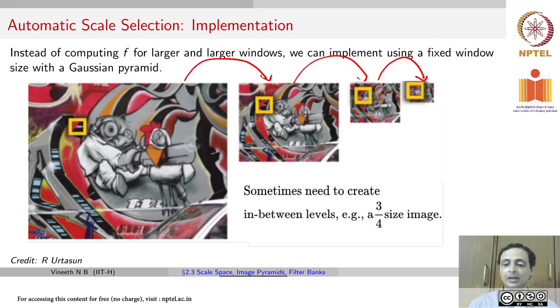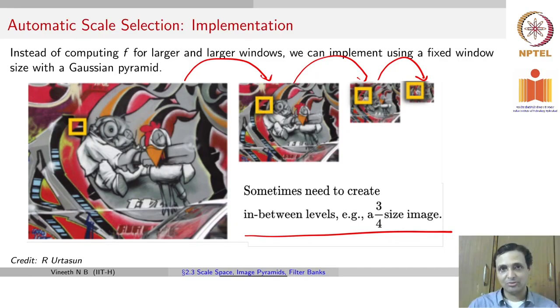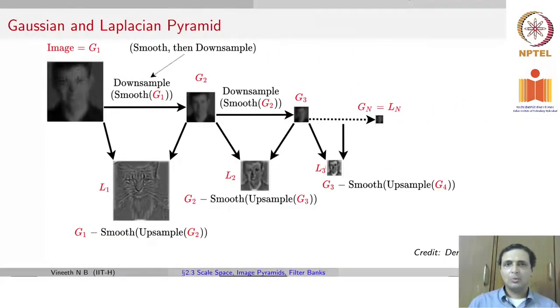Keep in mind that when you construct your Gaussian pyramid, it need not always be reduced by half each time. You can also reduce your sizes by say 3/4 or by any other fraction by using interpolation methods. When we consider an image pyramid, there are several kinds of pyramids that you can construct and use in practice.